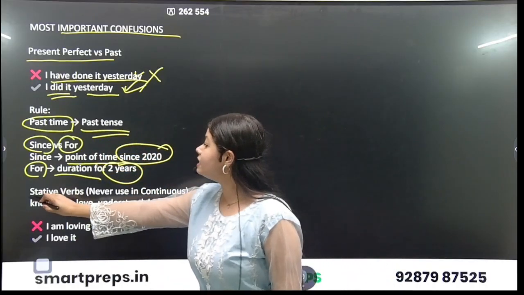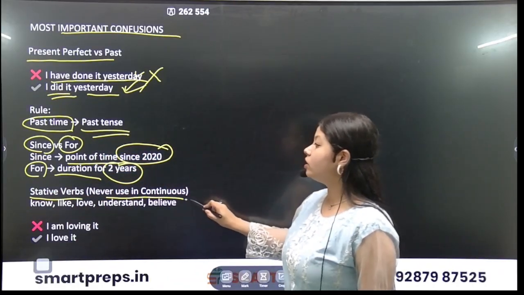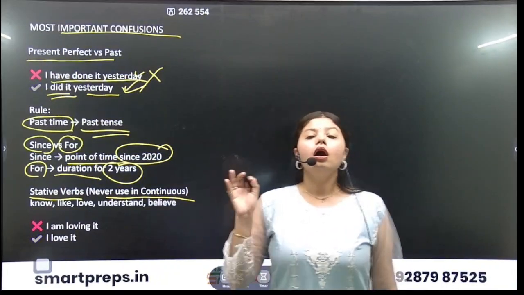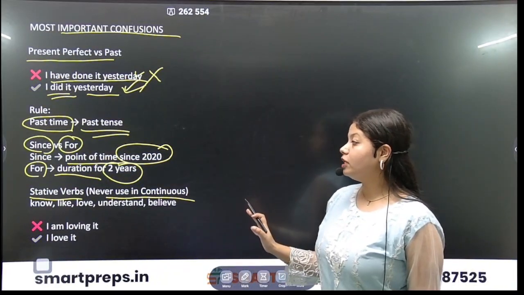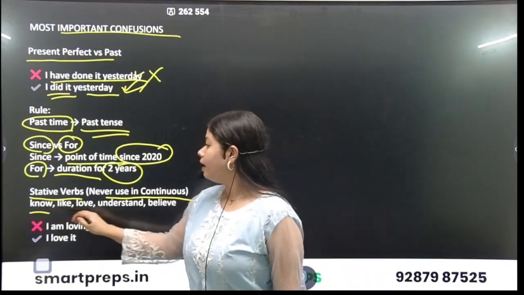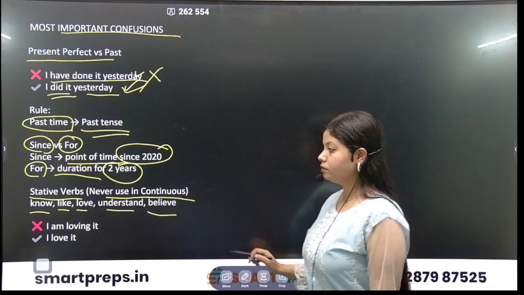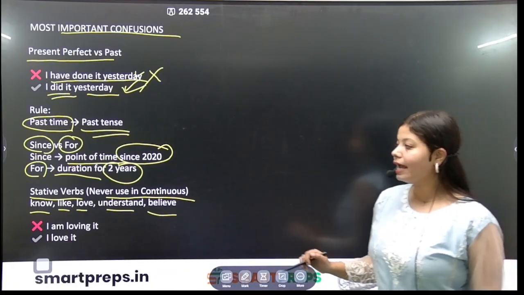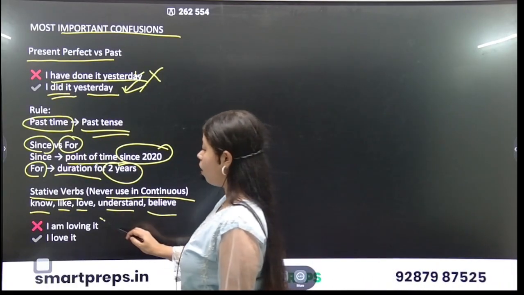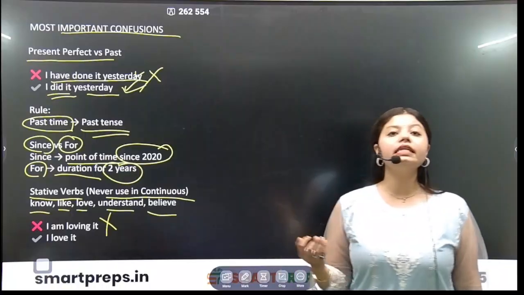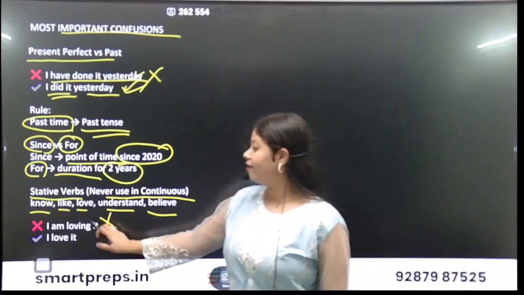Now, stative verbs are never used in continuous. So never use stative verbs in continuous, like know, like, love, understand, believe. Okay, it means "I am loving it" is wrong. Even if we're using it in continuous, we cannot use it as loving or knowing.